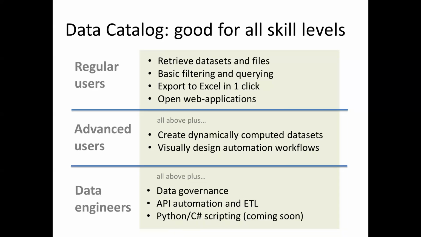And finally, since the data catalog is based on the EasyMorph technology, on EasyMorph server, data engineers can design powerful enterprise API automations and ETL jobs. And soon we will be adding the ability for Python and C# scripting. So those who are comfortable with Python scripting can use EasyMorph as well inside the data catalog.